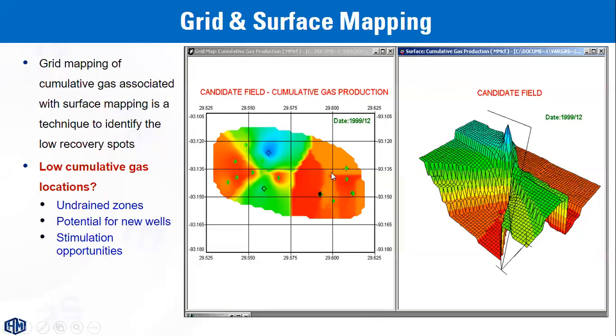Also, we have surface mapping like this to highlight the areas of the field with a specific parameter like the cumulative gas production and so on.